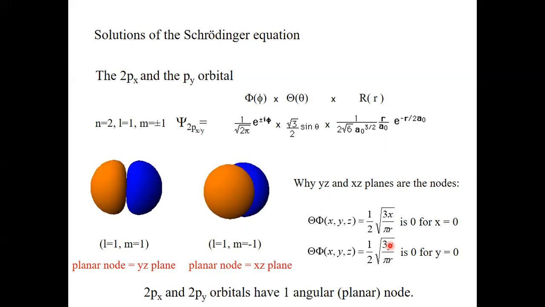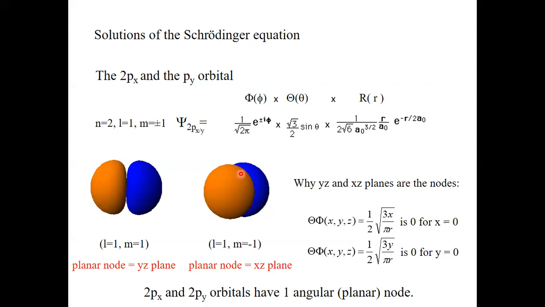Therefore, now the xz plane represents a planar node for this orbital. Okay, that again defines the shape of this orbital, which is now oriented along the y direction with the xz plane separating the two lobes of the orbital, which must have different algebraic sign. Good.